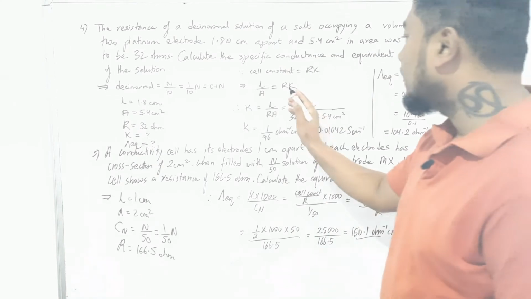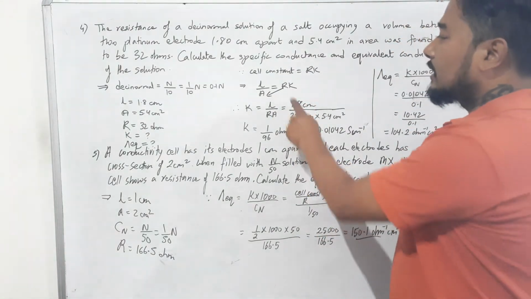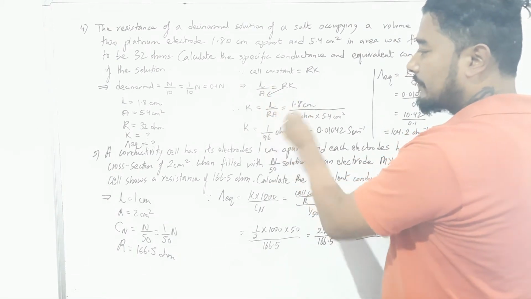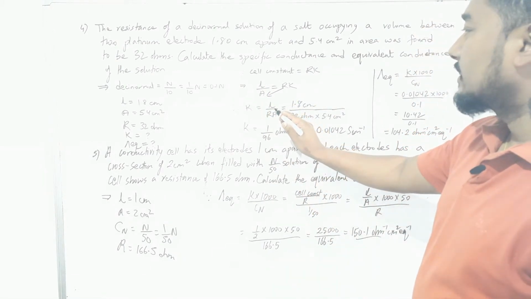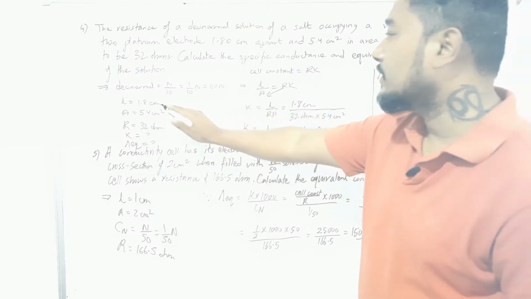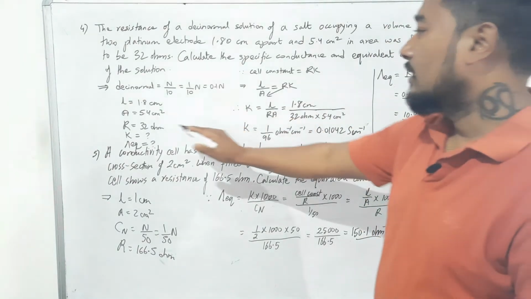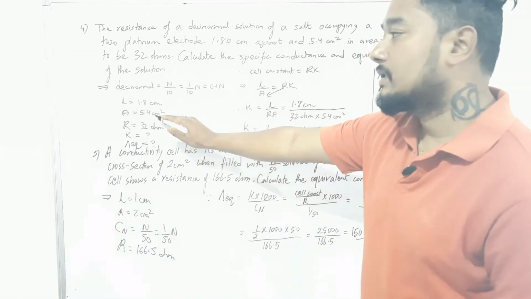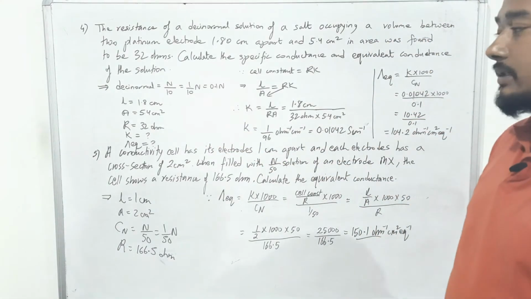Now when you take this R down, your kappa will be 1 L upon R A. The value of length, that is the distance, is given as 1.8 centimeter. Your resistance value is given 32 ohms, which I am writing here. Area of cross section is given 5.4 centimeter square. I am writing here. Done.